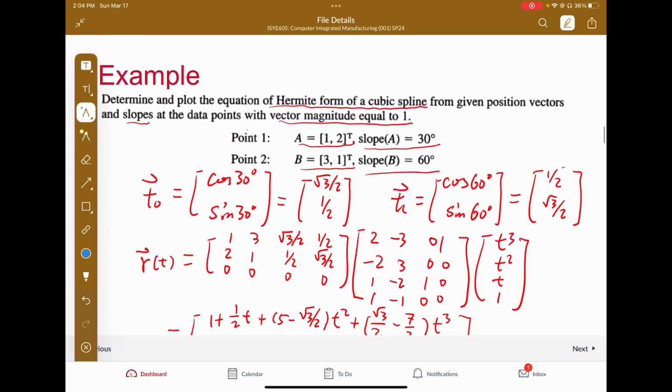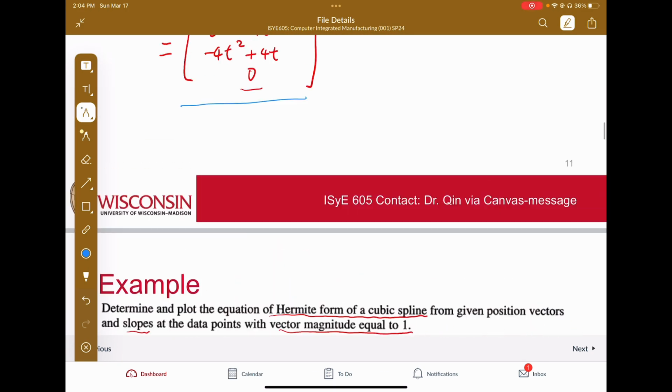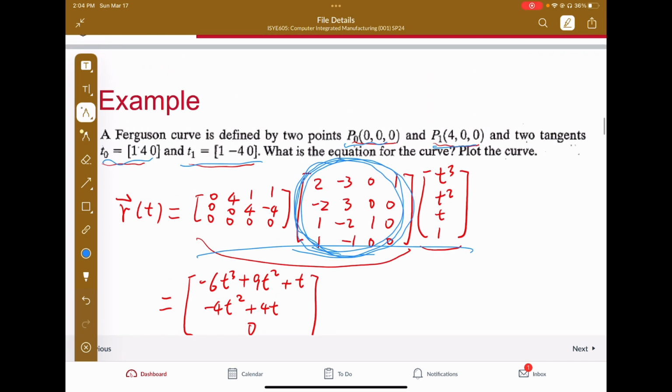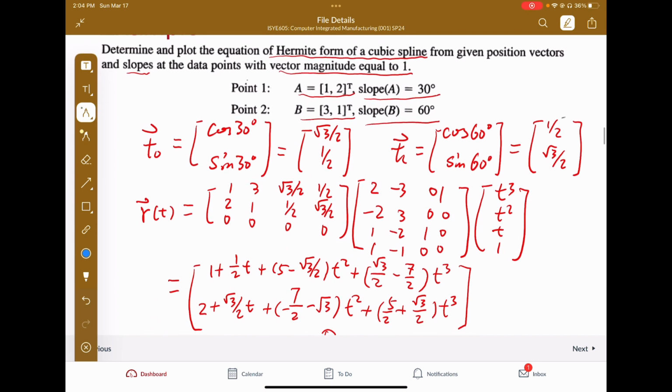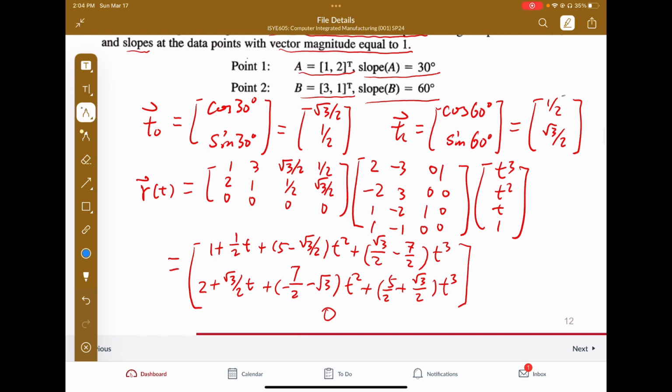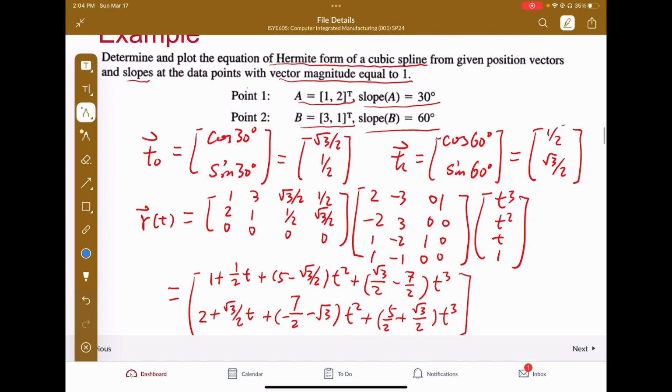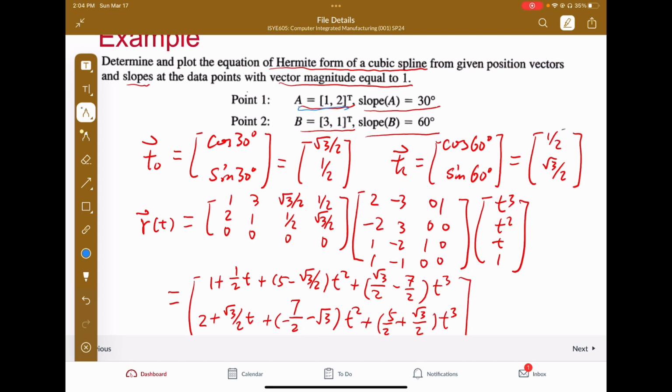So this is another one. This only has 2 dimensions, right? So it gives you the point A and point B, and also gives you the slope. The slope is similar to giving you a vector.